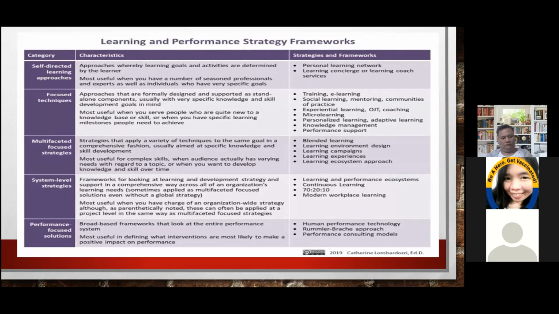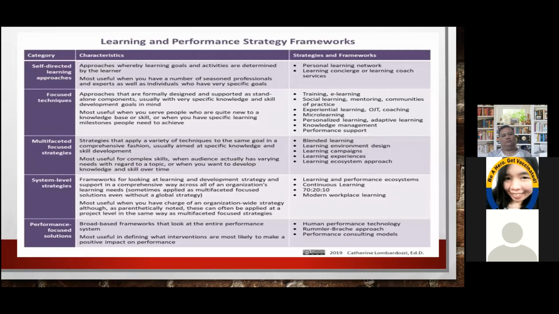Its strategies are the personal learning network, learning concierge, or learning coach services. Under focus techniques, the strategies and frameworks are training, e-learning, social learning, mentoring, communities of practice, experiential learning, OJT, coaching, micro-learning, personalized learning, adaptive learning, knowledge management, and performance support.